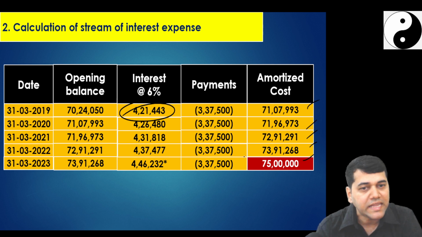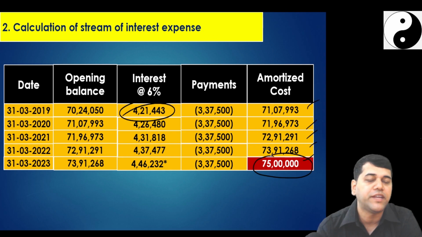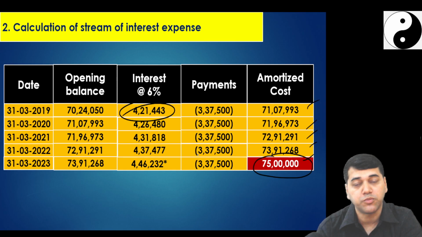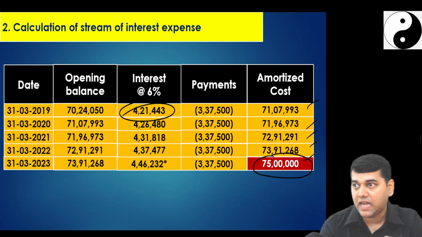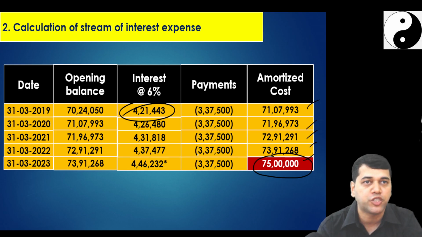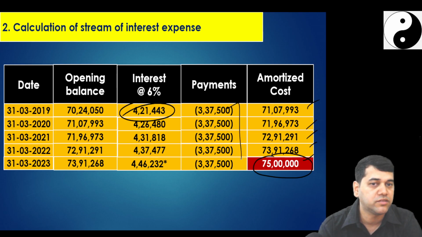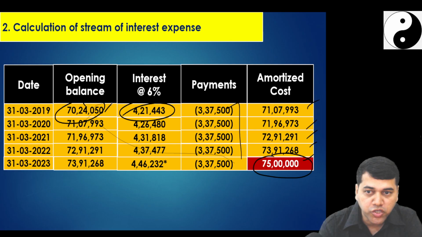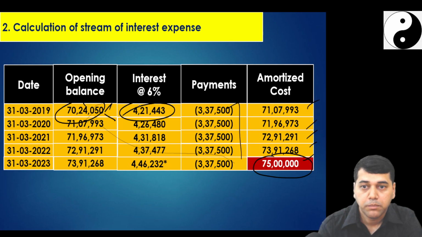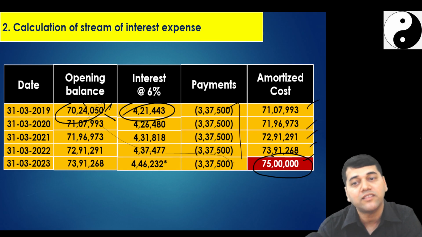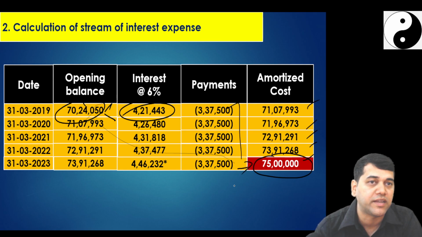At the end, it should have come to 75 lakhs, which is only the principal portion, because the interest portion, which I have discounted, I'm going to unwind, and it will get finished off over the next 5 years. There are two portions in this 70 lakhs: the principal portion, which is 56 lakhs, will unwind and become 75 lakhs.